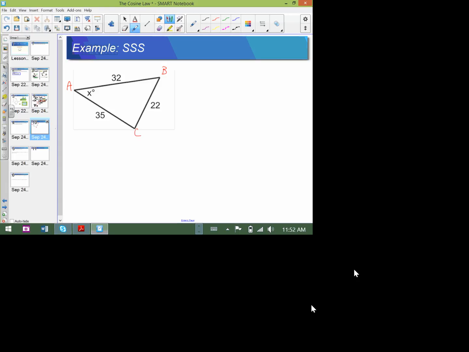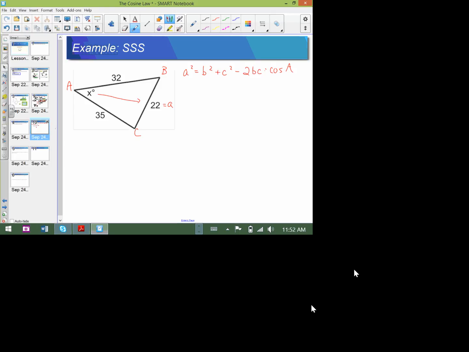Recall that in terms of the cosine law, across from angle A, we have side A. So the expression would be A squared equals B squared plus C squared minus 2BC multiplied by the cosine of A. The only issue with that is it's great for finding sides, but it's not all that helpful or convenient when it comes to finding angles.